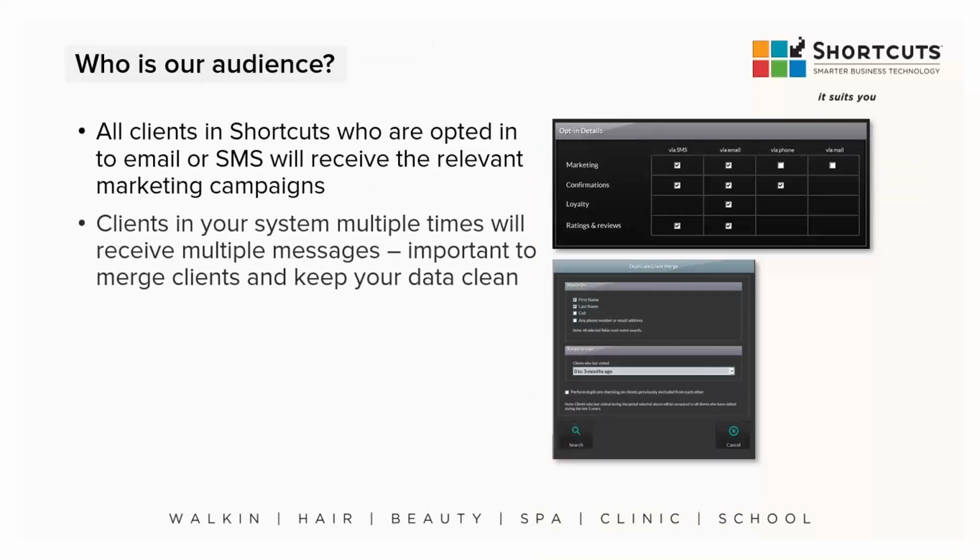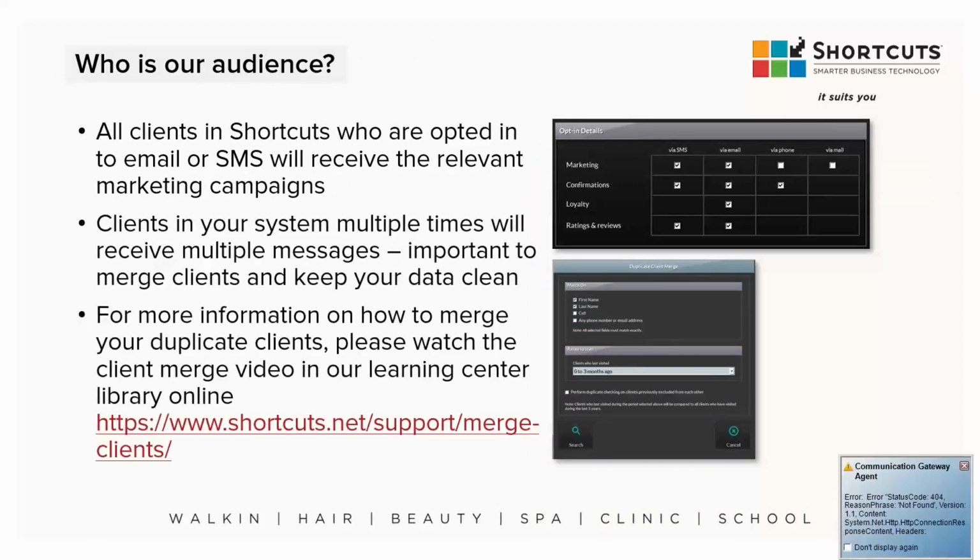So who exactly gets the messages? In your Shortcuts system, you should have the options for the customer in the client card. When you go to any customer's card, you have opt-in details, whether the customer would prefer to get an email message or a text message, or, if you're doing surveys, a survey or a confirmation.